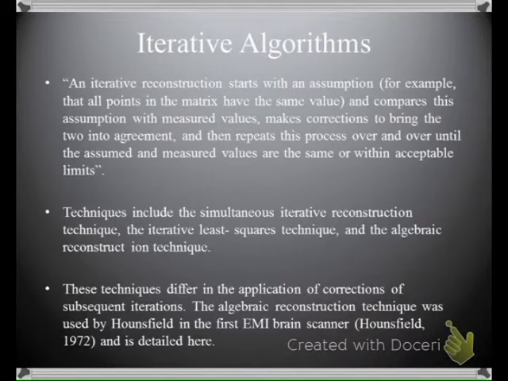Techniques of this include simultaneous iterative reconstruction, the iterative least squares technique, and the algebraic reconstruction technique. These techniques differ in the application of corrections of subsequent iterations, and we see that the algebraic reconstruction technique was used by Hounsfield in the first EMI brain scanner.